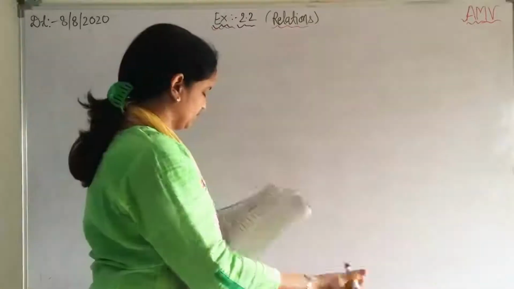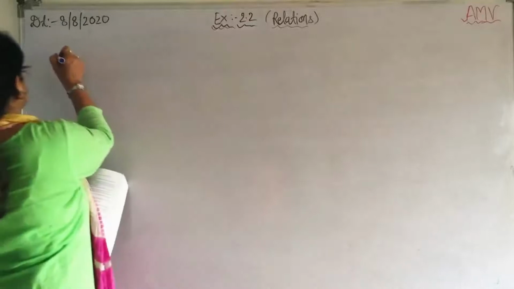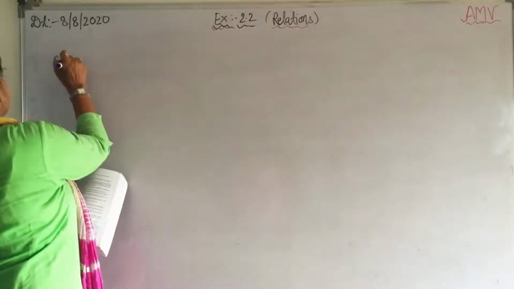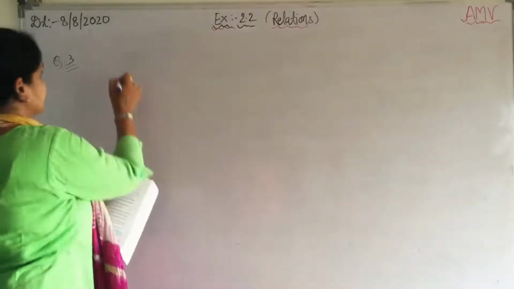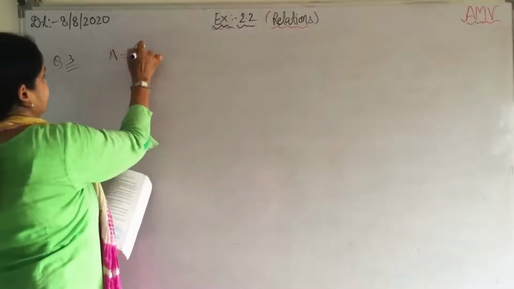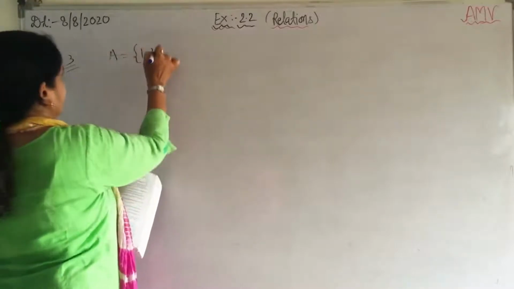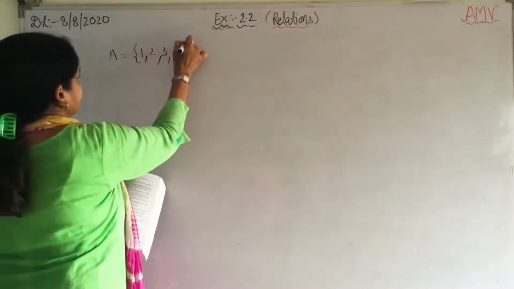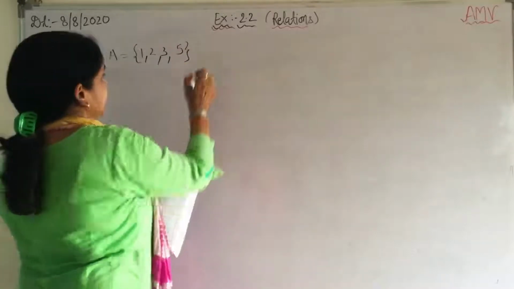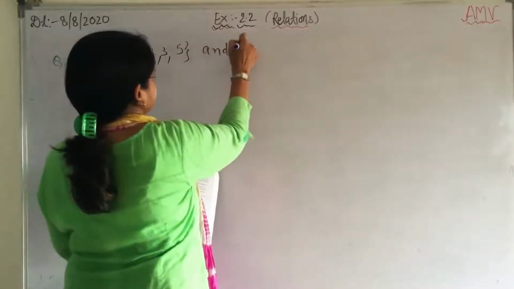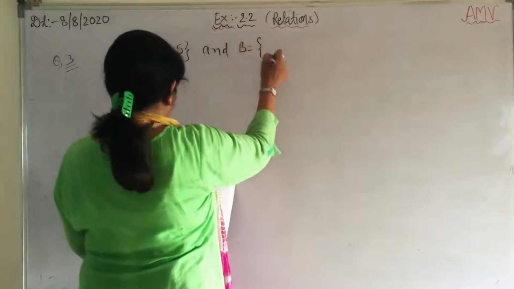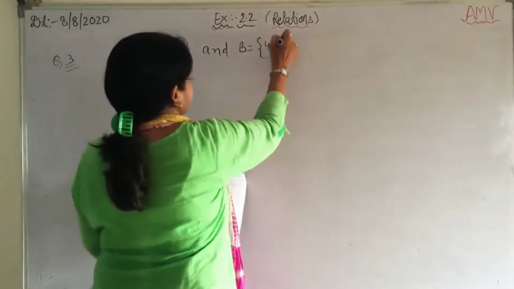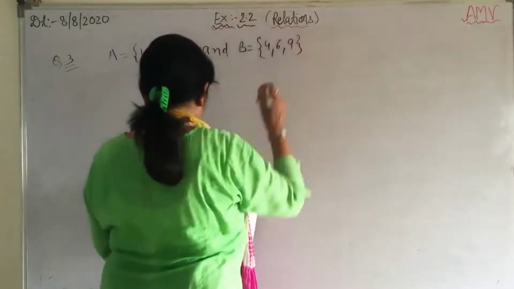Next question. Question is: A is given, students, here 1, 2, 3 and 5. And B is given 4, 6, 9.